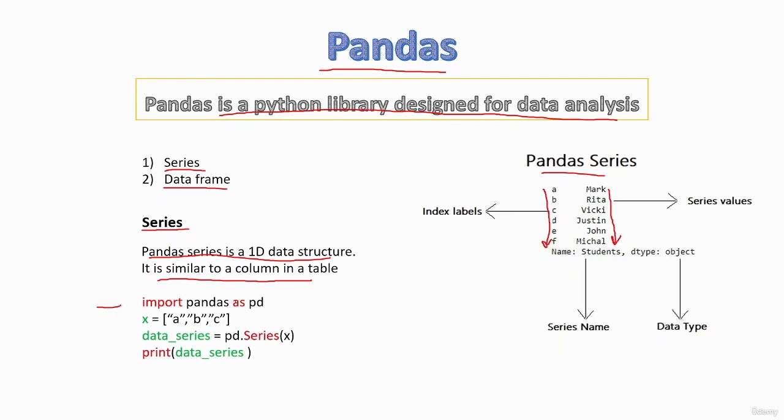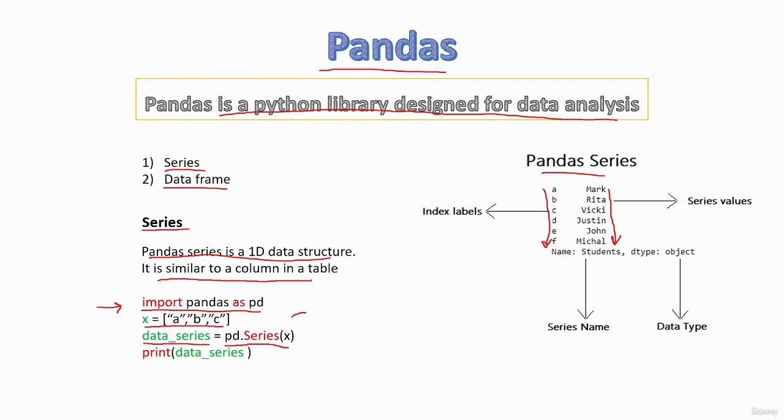This is the syntax for creating a Pandas series. First we import Pandas into Python. For that we type import Pandas as pd. Then I have created the list called X. It has values A, B and C. Then I have created the Pandas series called data series. We can give any name here. Then I have used .Series method in the Pandas library.